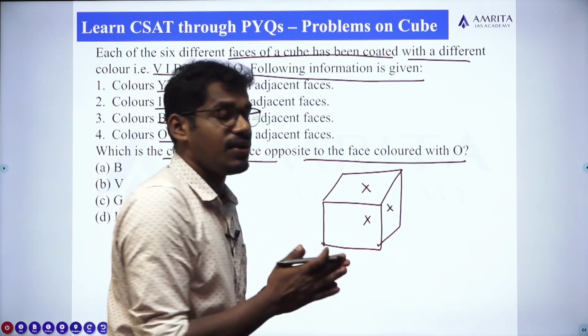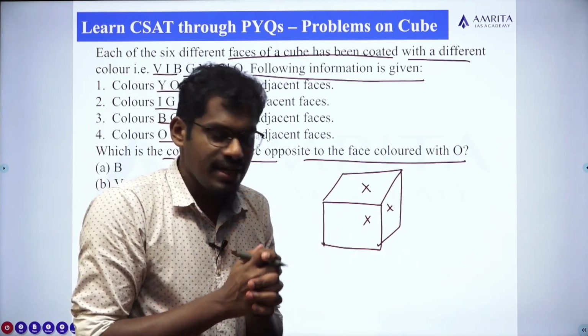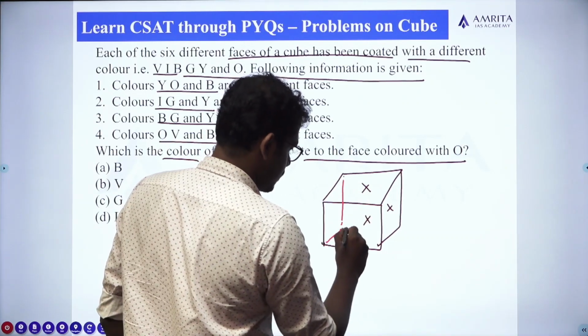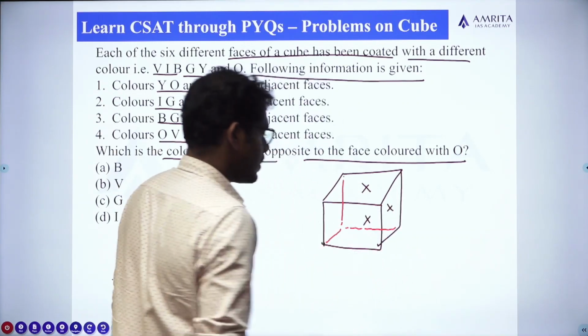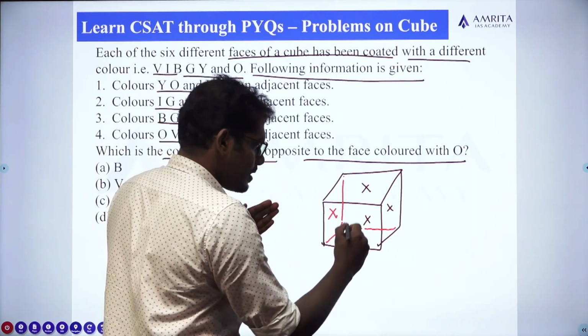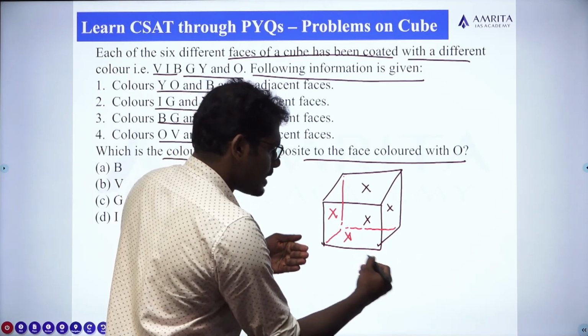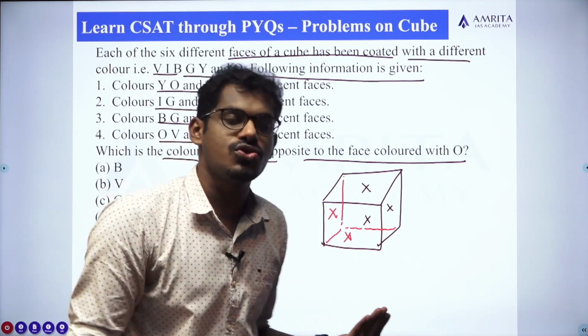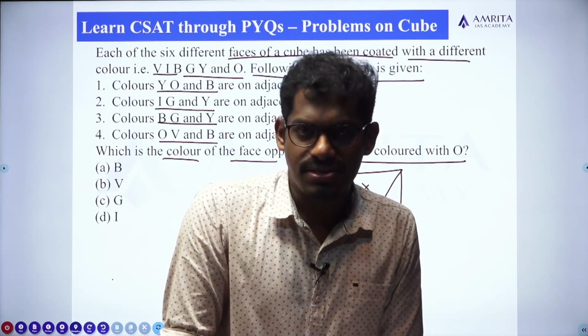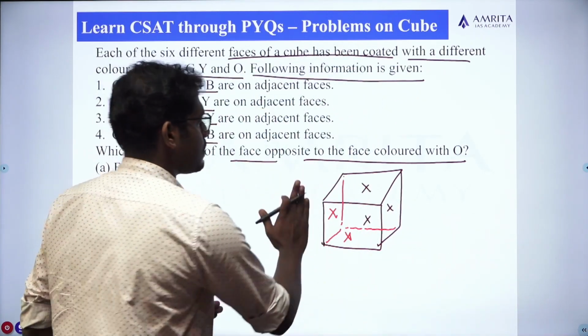Because these 3 faces are adjacent to each other. Similarly, this face, the left face and the front face, this face and the bottom face, these 3 faces are also adjacent faces. So there are different adjacent faces.